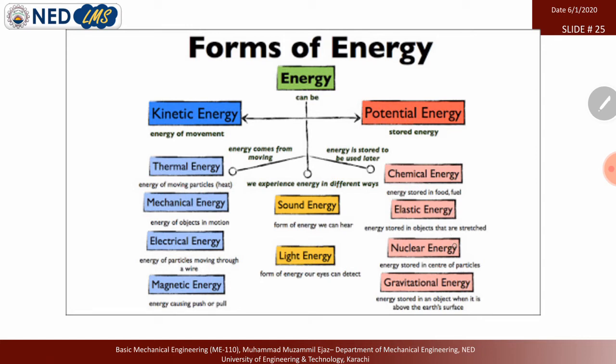Nuclear energy is also a form of potential energy. In the nuclear we make fission and fusion reactions to produce a lot of energy. Gravitational pull is also a potential energy. In first year, second year, you already solved numericals related to the potential energy.